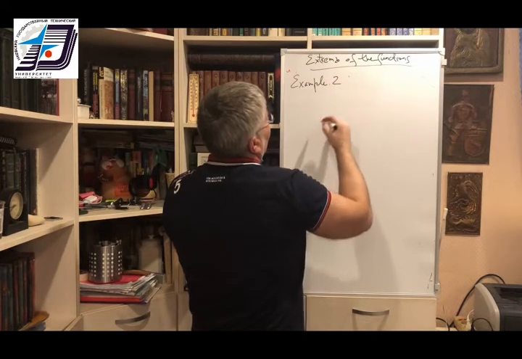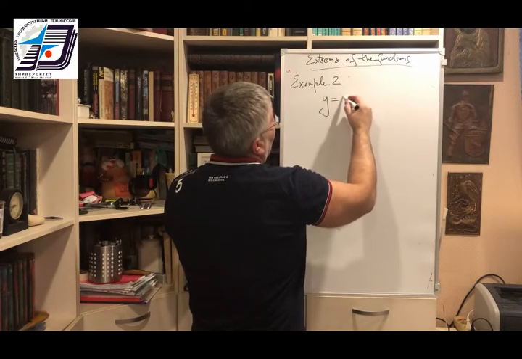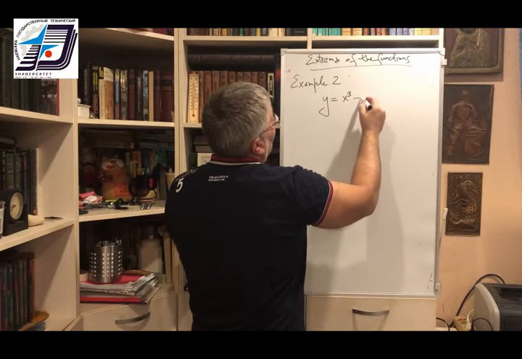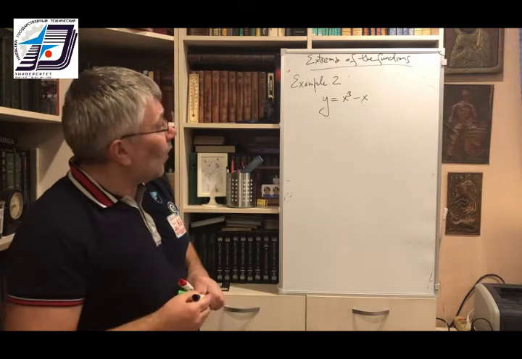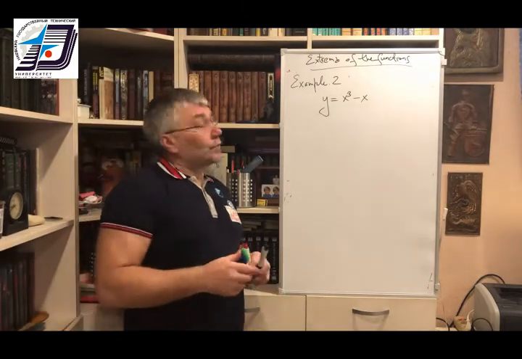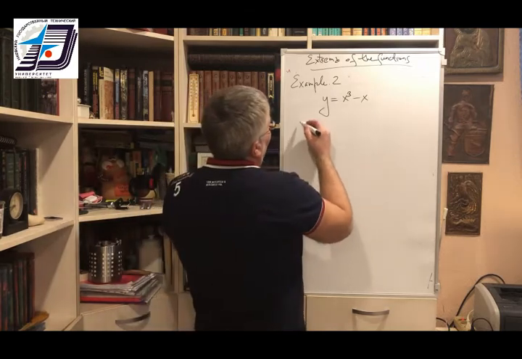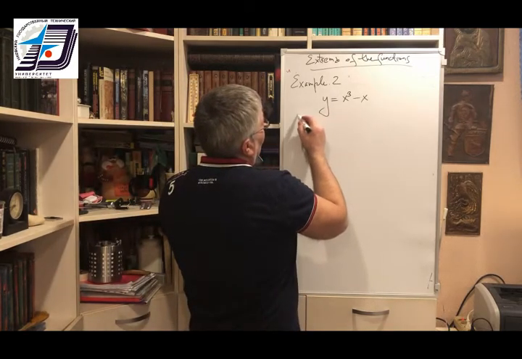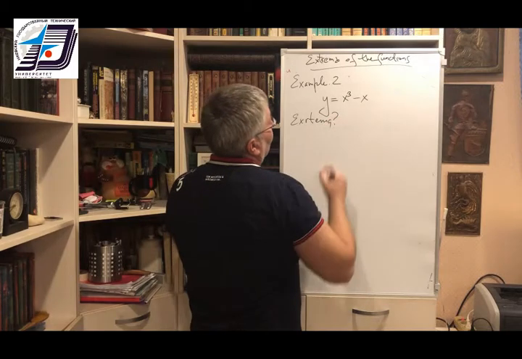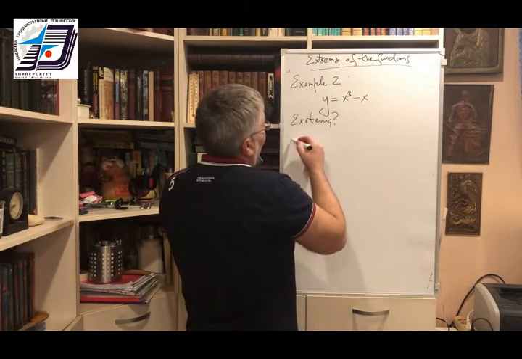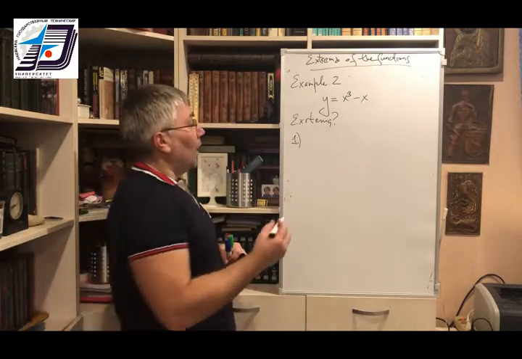Example 2. For example, the given function y equal x cubed minus x. I want to know the extrema of this function. The first step, I have to calculate the derivative of this function.